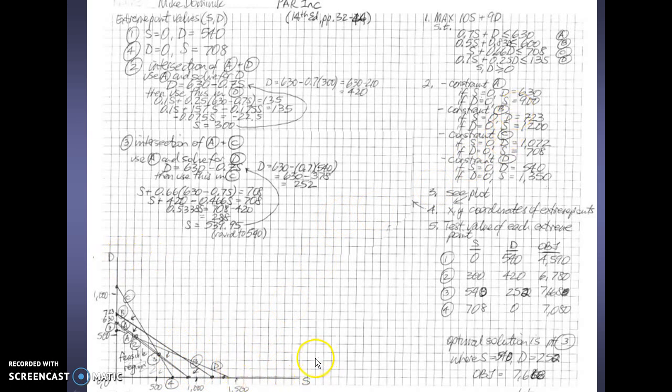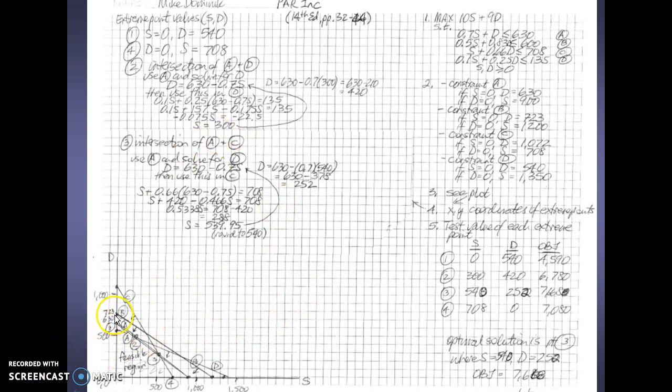You could have done it the other way, but I've done it this way. Standard on the x-axis, deluxe on the y-axis. So I plotted this point here, S is equal to 900. I put a value here for D, D equals 630. I connected those 2 points.